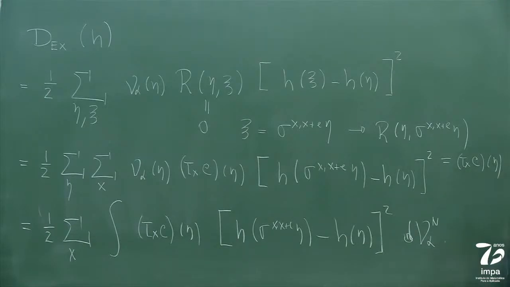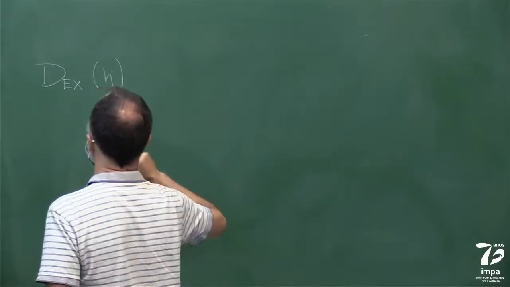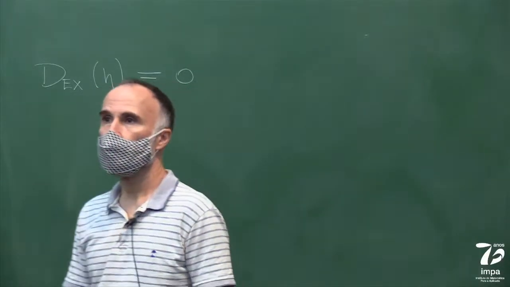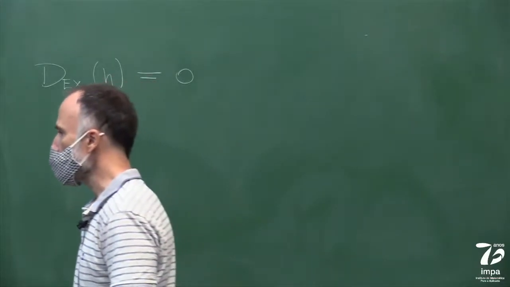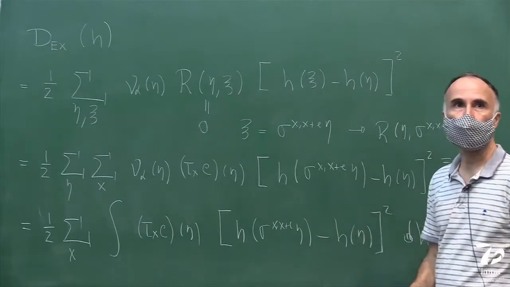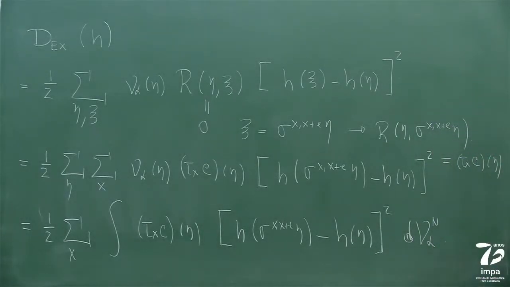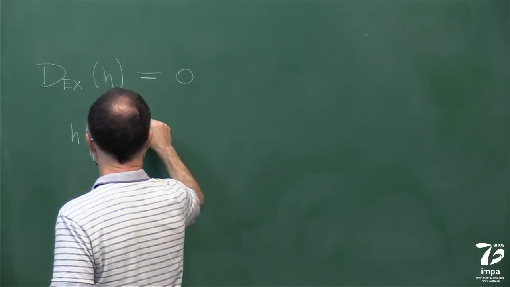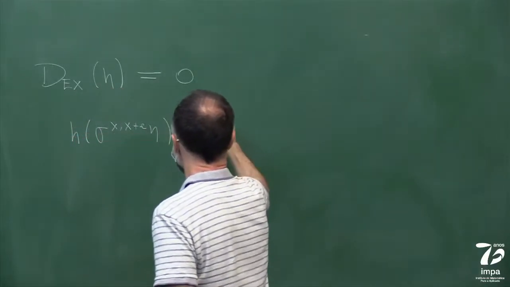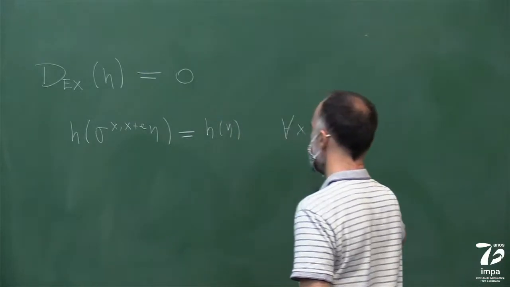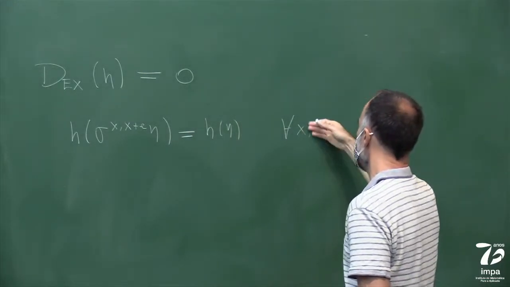Now, suppose that I have a function h whose Dirichlet form is equal to 0. If the Dirichlet form is equal to 0, it means that all these terms are equal to 0. So this means that h of sigma x, x plus e of eta is equal to h of eta for all x.